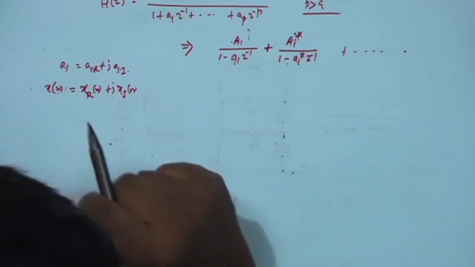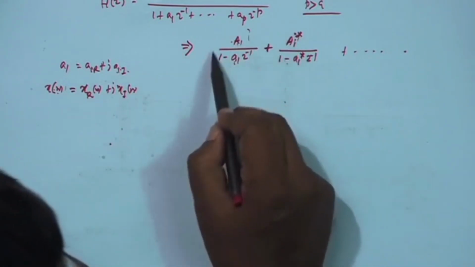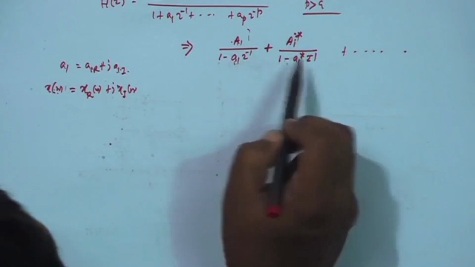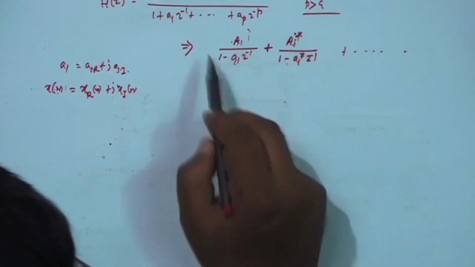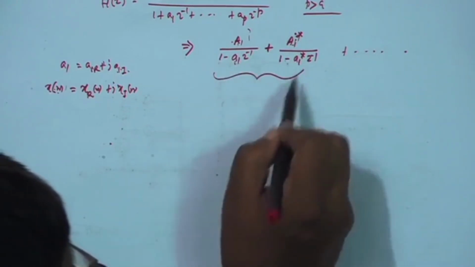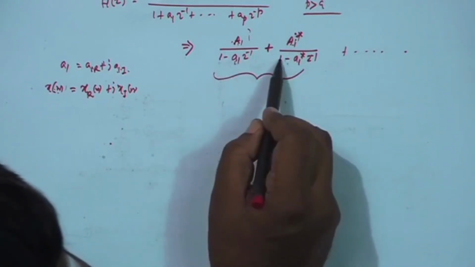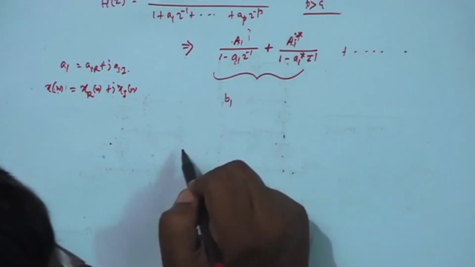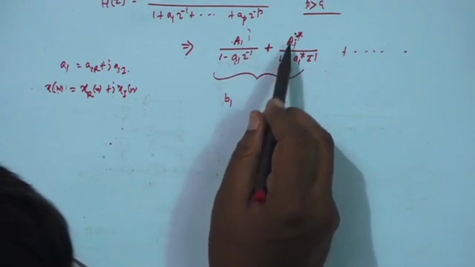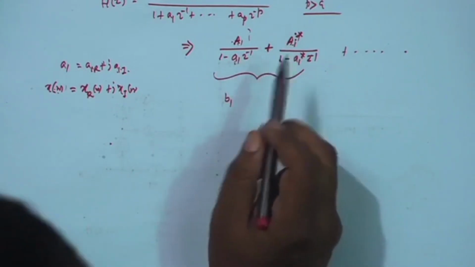You can avoid them by using the fact that if there is a root at a1, there is a root at a1 star, and these two coefficients are also conjugate of each other. So, if you add them, this part will give rise to A1 plus A1 star, something real. Call it B1.